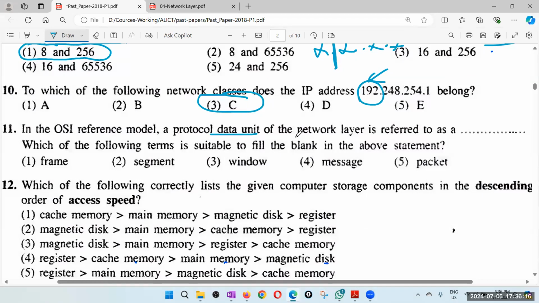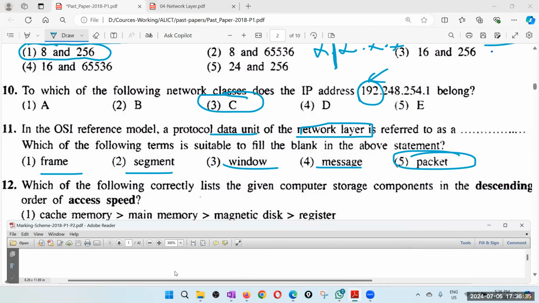Protocol data unit of the network layer. So network layer protocol data unit is what? Data packet or IP packet. Not a frame, not a segment, not a window, not a message, packet. IP packet or data packet. Answer must be 5. Yes, answer is 5.